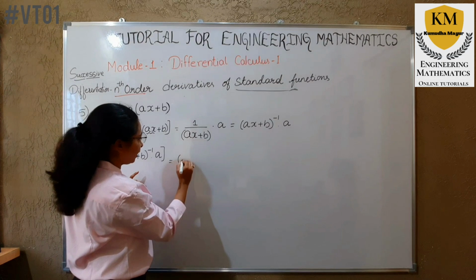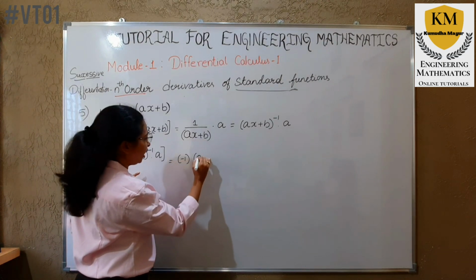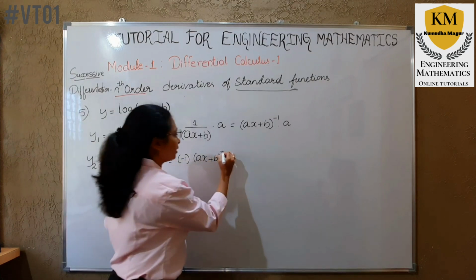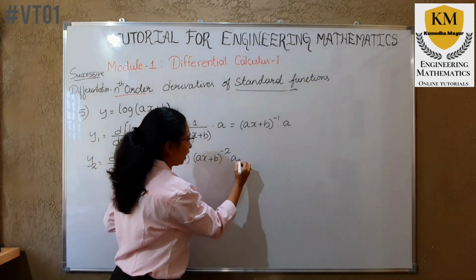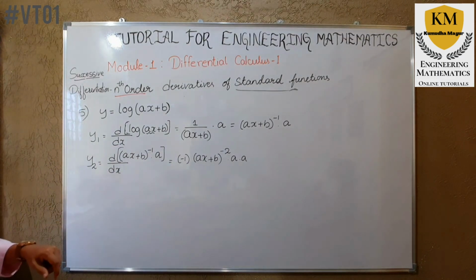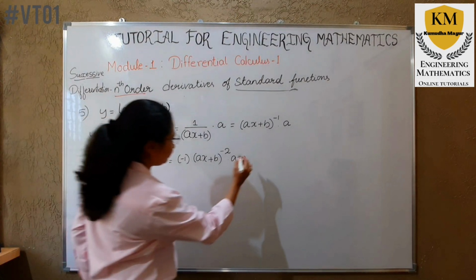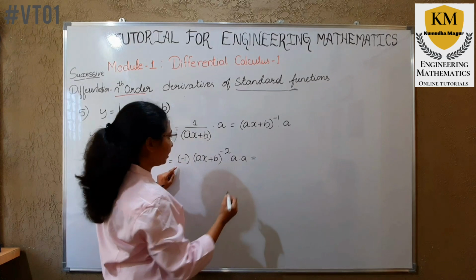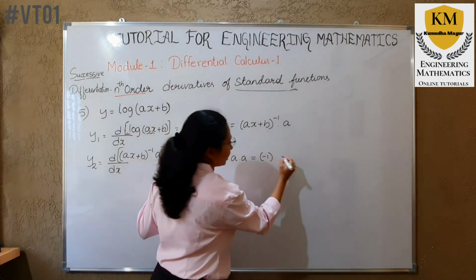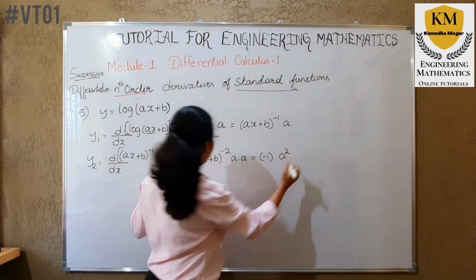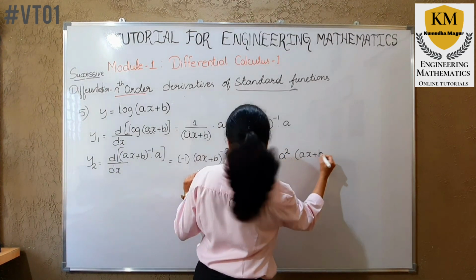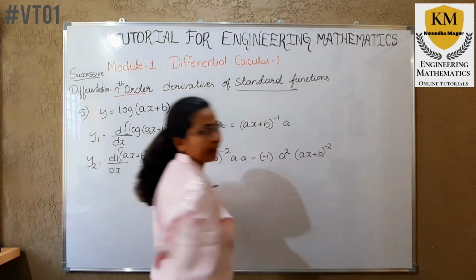Let me take out minus 1 here into ax plus b to the power minus 2 into a, since I am differentiating with respect to x. So I will keep this minus 1 as it is, a into a gives you a square into ax plus b whole to the power minus 2.